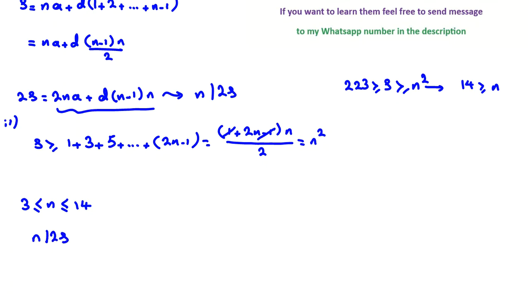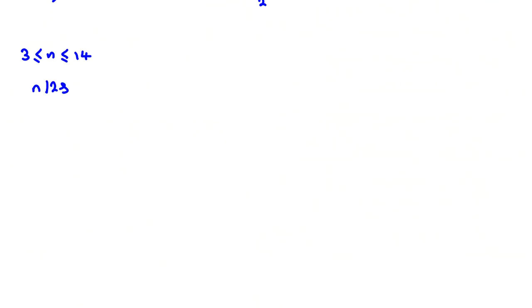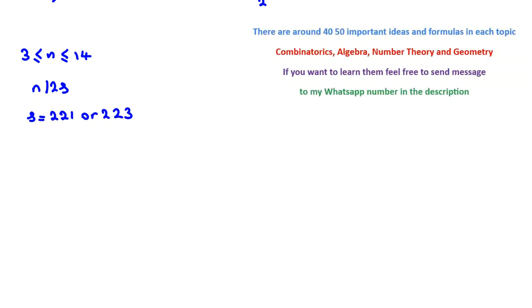And S is what? 221 or 223. If we check these, for the first case, first consider S is 221, then n divides 2 times 221. So we should find the prime factorization of 221, because n is a factor of that and we want to find cases of n.